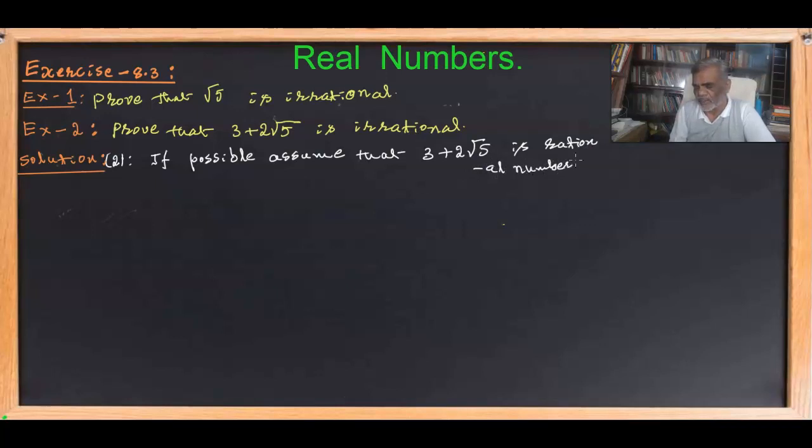All the examples here in exercise 8.3 are to be solved using proof by contradiction. So we assume that 3 plus 2 root 5 is a rational number.